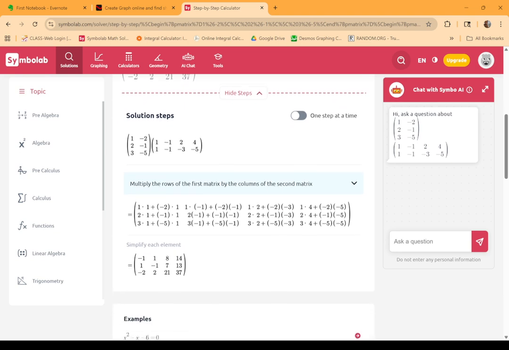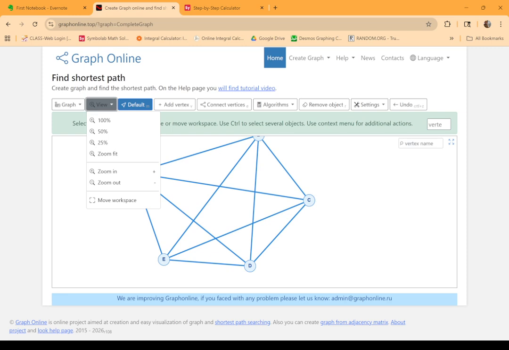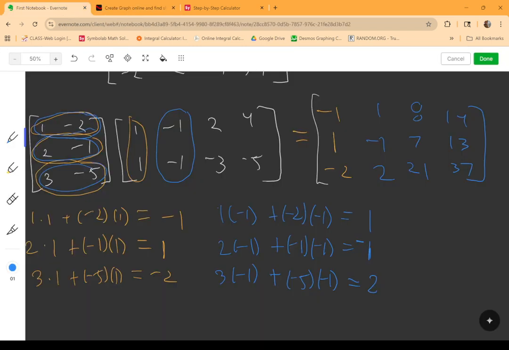At each step you see the expanded version where we're doing exactly that, row times column, at each element. And we arrive at the same result that I arrived at as well.